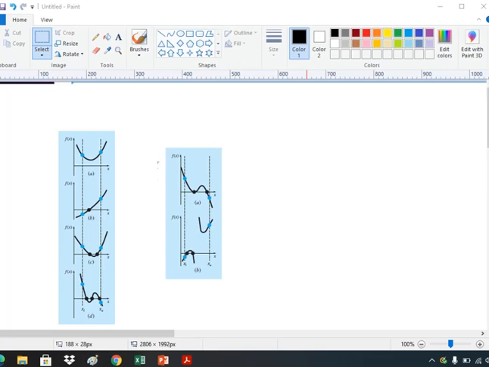In figure A, there are multiple roots that occur when the function is tangential to the x-axis. So tangent siya sa x-axis, no? So we have two roots. So for this case, although the endpoints are of opposite signs, there are an even number of axis intersections for the interval.